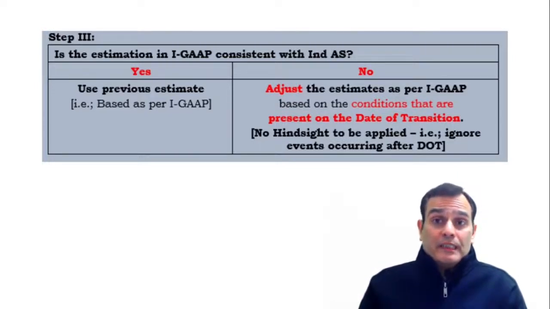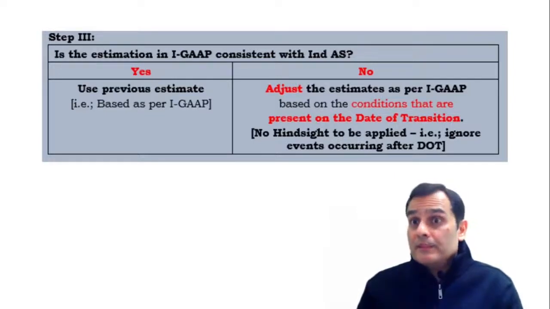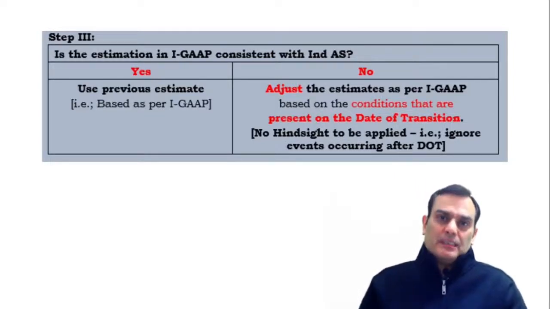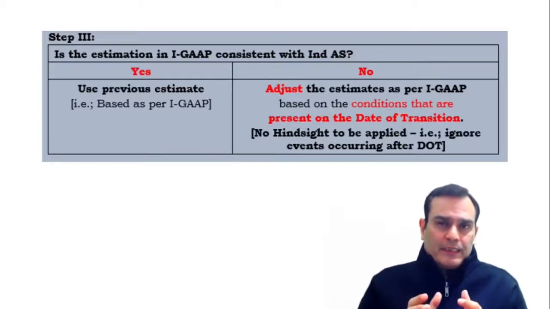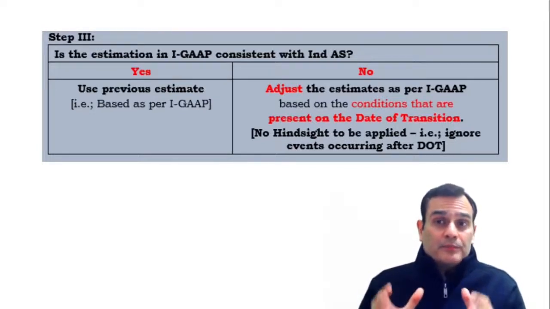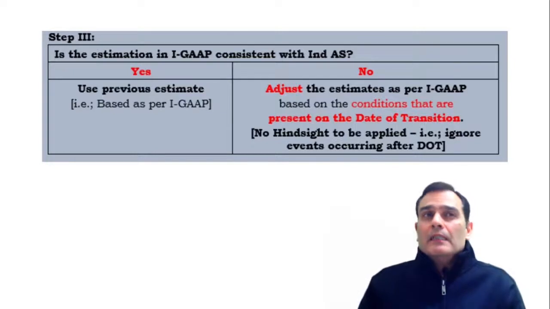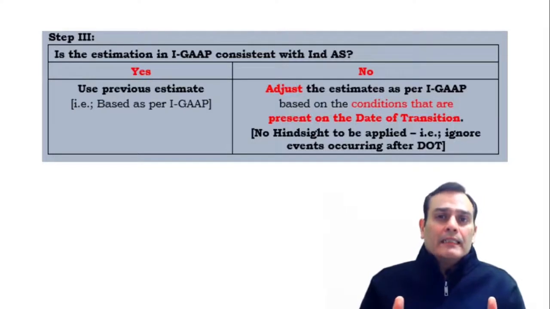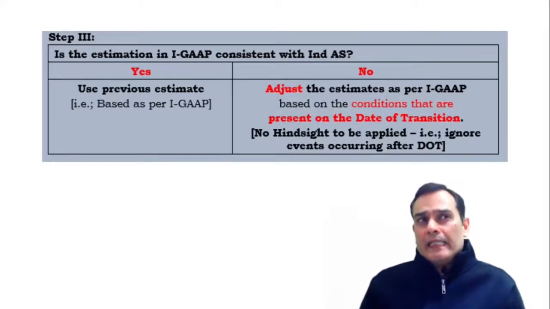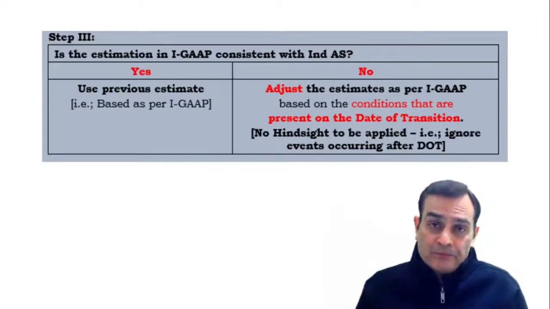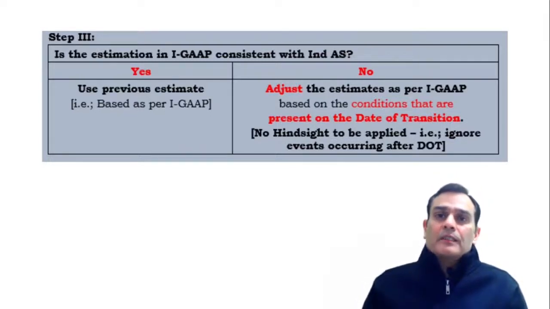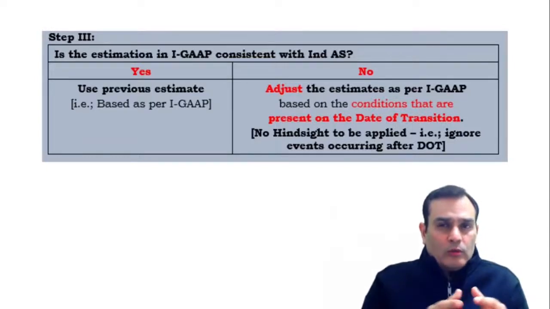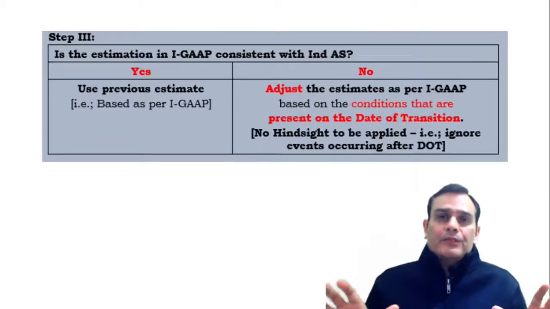But in a situation where we say that it is not consistent with the Ind AS, then it's time not to make estimates, but, you can notice the word I said, adjust the estimates. So you can see that in step number 1 and 2, I said we'll make an estimate. But in step number 3, I'm saying I'm going to make the adjustments to these estimates because there were no errors, but there was a little inconsistency between the previous GAAP and the Ind AS. So there is a need to make adjustments, and those adjustments would also be made considering that we are sitting on the date of transition and we're going to consider all the events over the next 2 years as non-adjusting events.